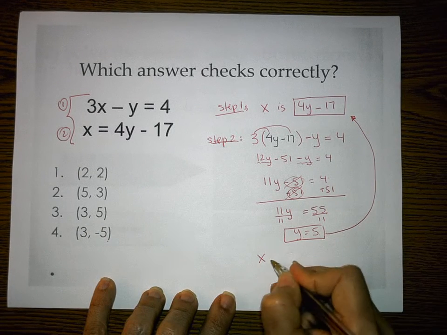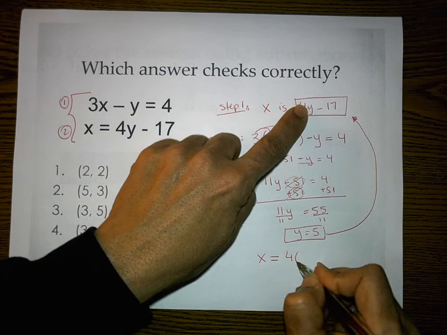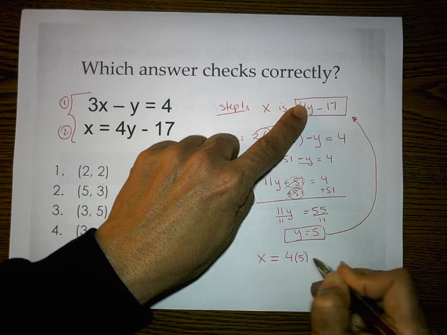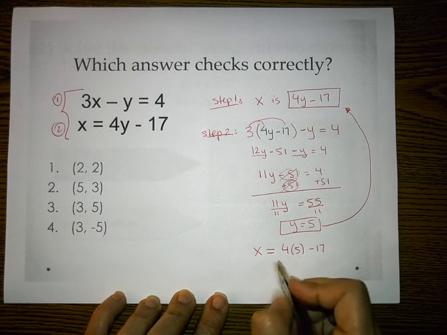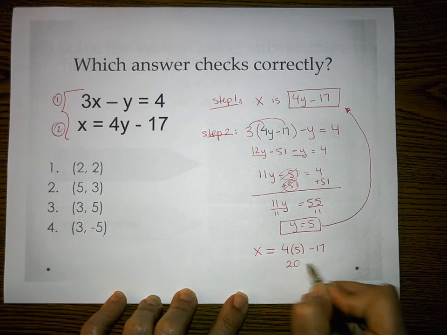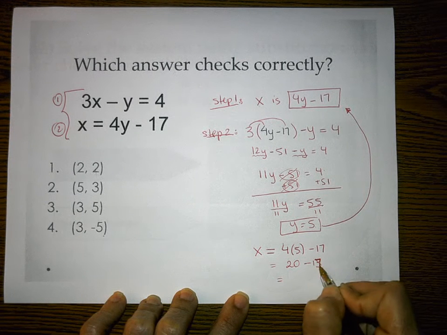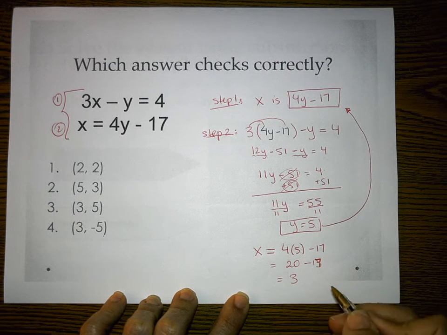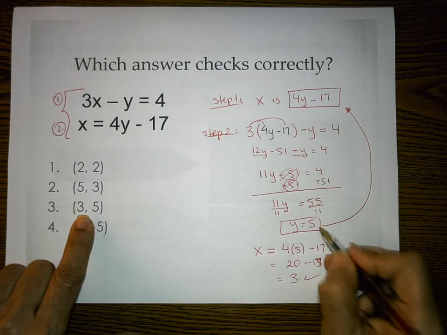So x is 4 times, instead of a y, I'm going to write a 5, and subtract 17. So 4 times 5 is 20, minus 17, equals 3. 20 minus 17 equals 3. There we go. 3 comma 5, 3 for x, 5 for y.